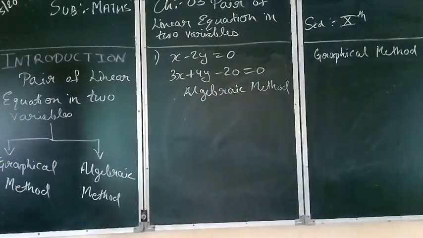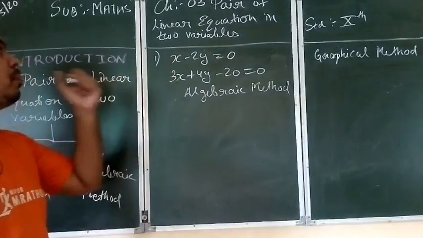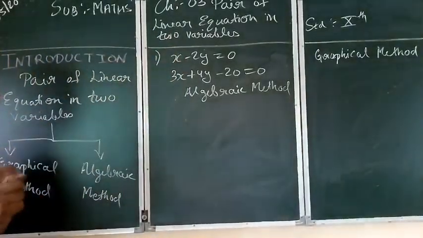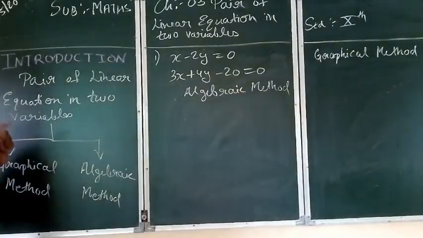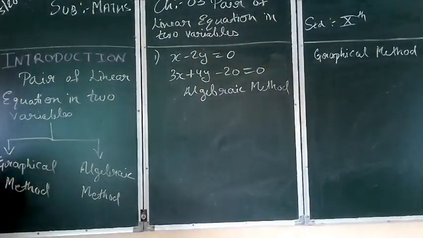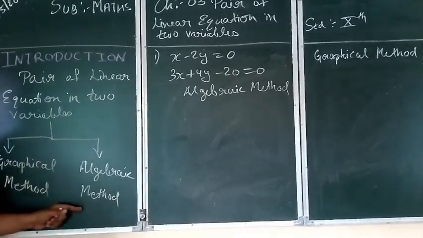Now we see how to make the equations in a standard form, that is, how to write a pair of linear equations in two variables in standard form. Now we see the two main methods for a pair of linear equations in two variables: the graphical method and the algebraic method.